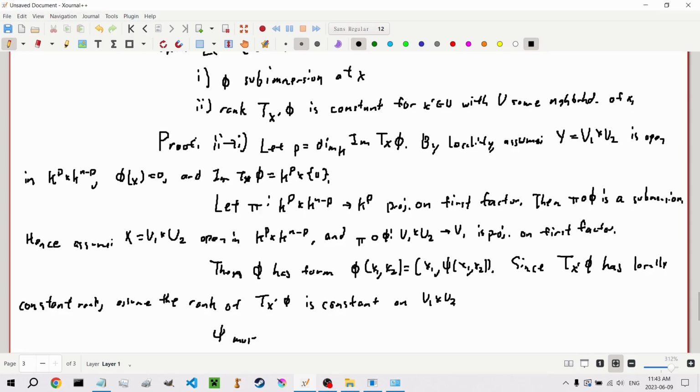Phi must be independent of x2 in a neighborhood of 0.